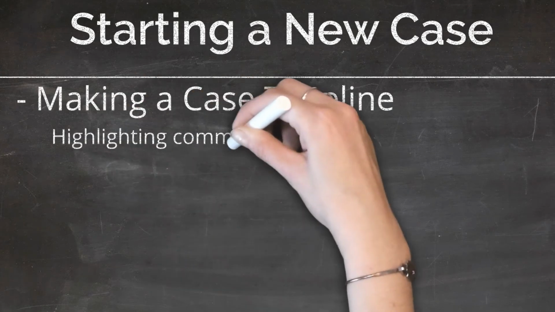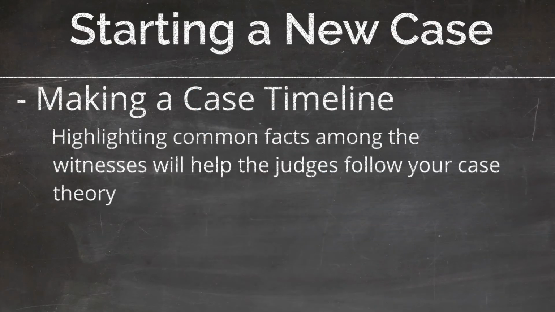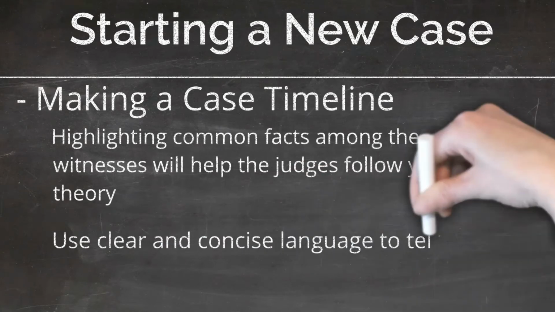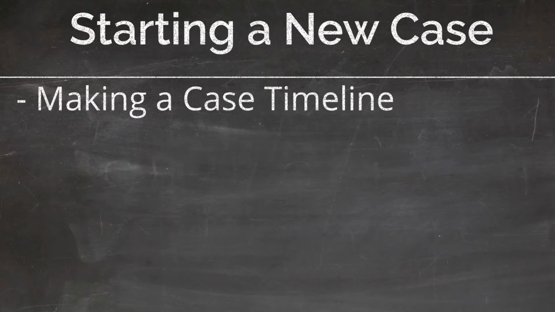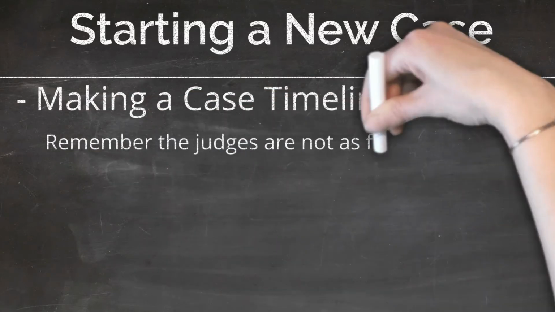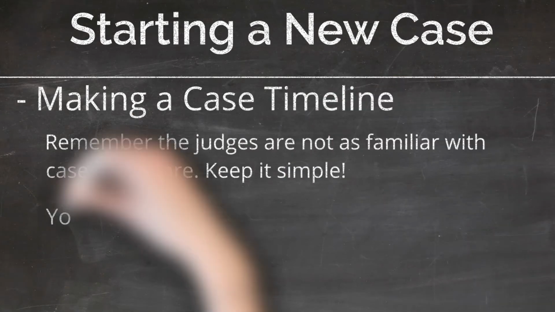What does this witness bring to the table? When do these events line up? And most importantly, how am I going to communicate this to my judges who are scoring me and want to be able to know what happened? The easiest way to score well in a mock trial round is to make sure your judges actually understand your case.